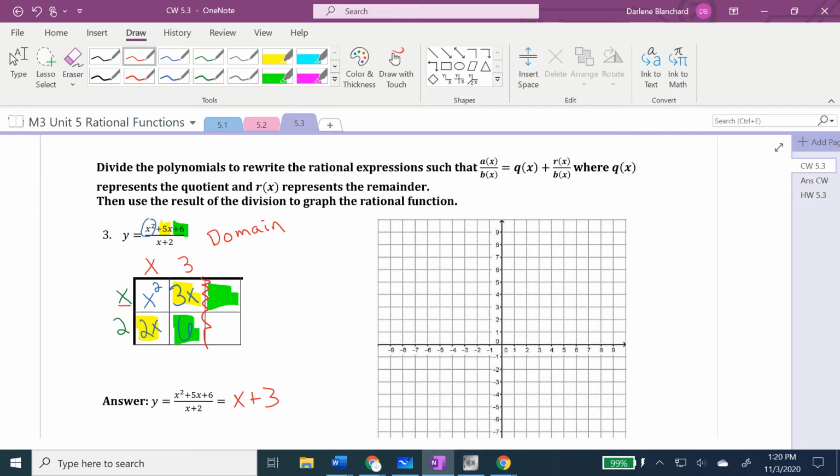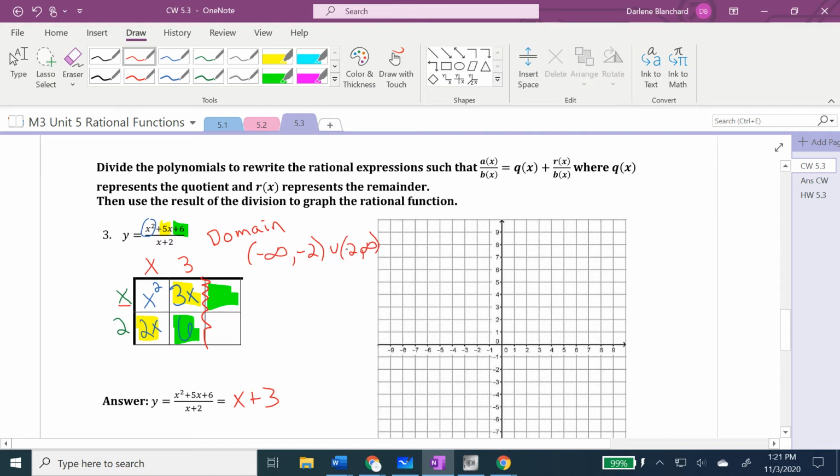The number will make 0 in what location? -2. You got it. The domain is everything that does not make the denominator 0. So my domain is negative infinity to -2.